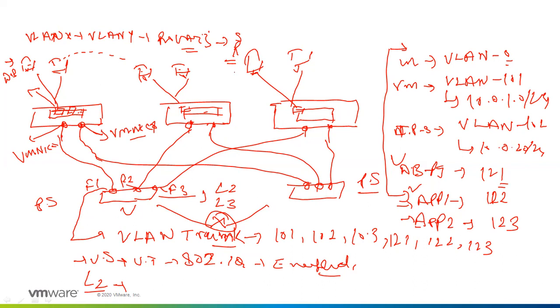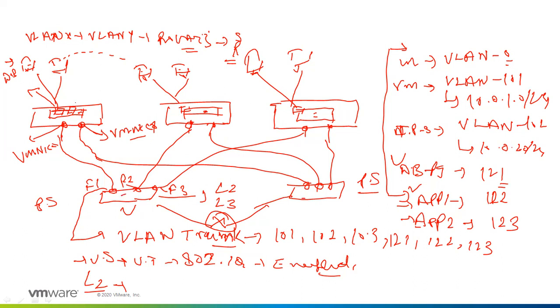If we need to provide communication between different VLANs, routing is mandatory. This virtual switch does not have the capability of performing routing. Routing always happens at the physical layer. Right? It could be by your switch or it could be by the router.